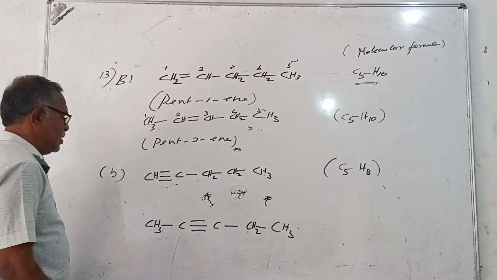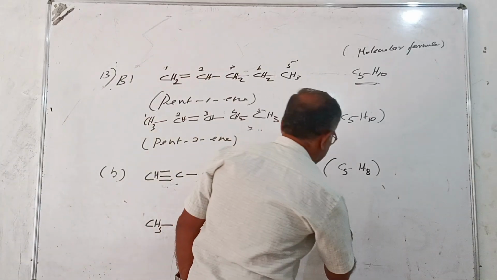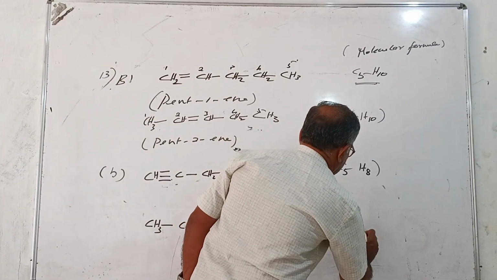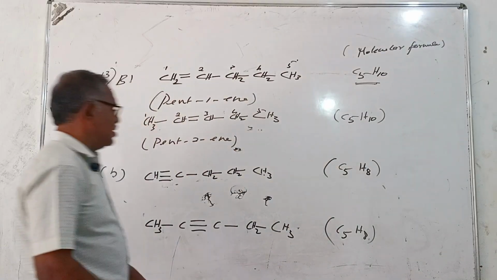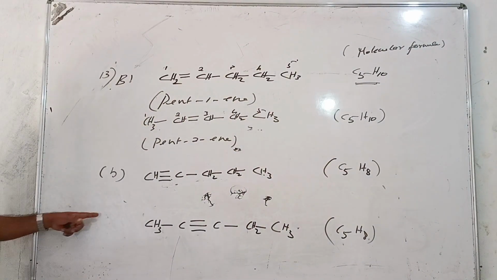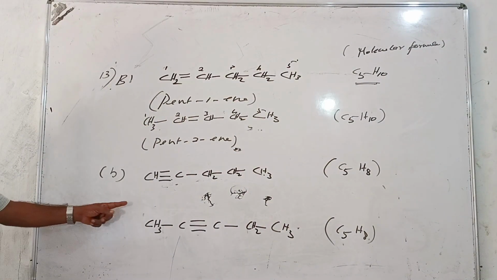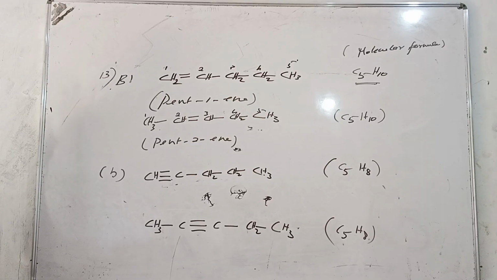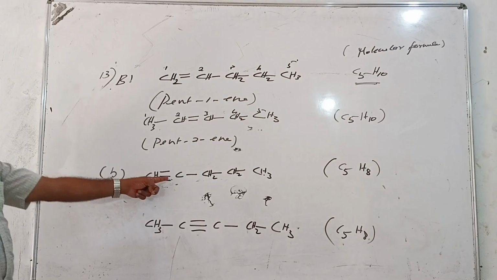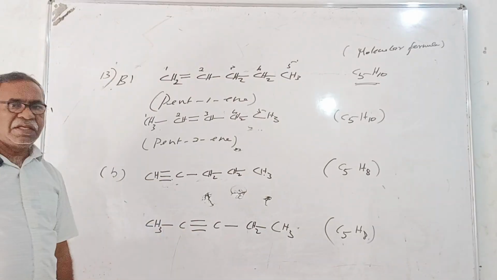So here C5H8. Okay, this is the answer. These are isomers, since the position of the bond is changed: here first carbon and here second carbon.